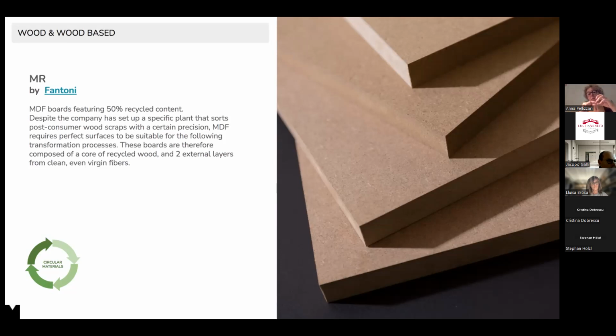Nevertheless, the quality is still not enough to be used on the surface, because MDF must be perfectly clean and smooth on the surface. So this type of wood fibers, because it's not chips, it's fibers, are used in the core of these boards, and externally we would have virgin fibers. This is the reason why it's 50% recycled content.